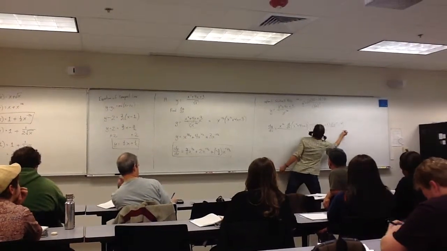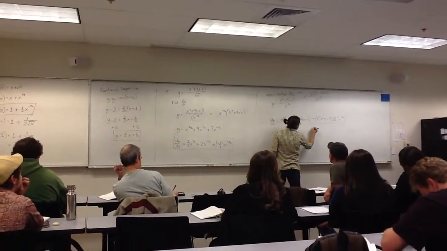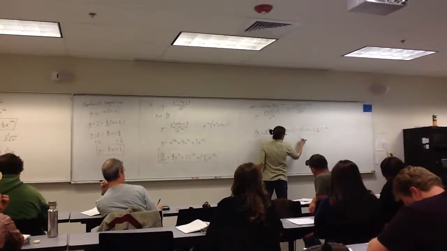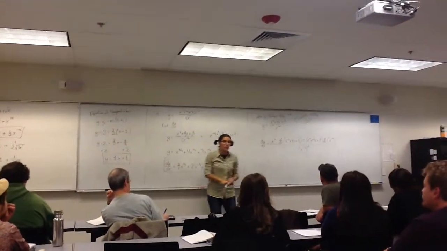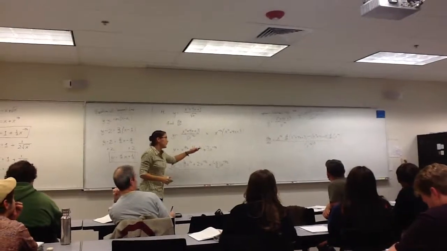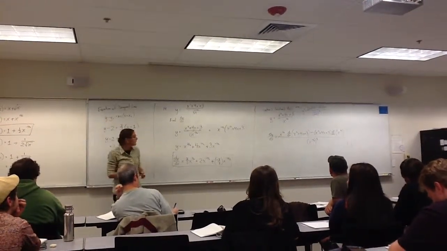Draw the line and square below. So x to the 1/2 squared. Now I'm not done taking the derivative, I've just set it up so far.